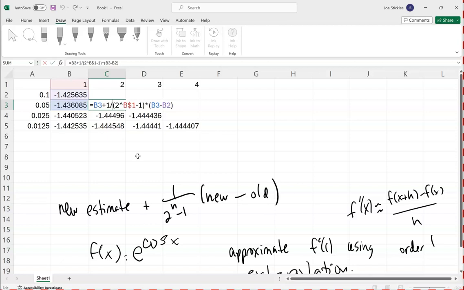So we've probably got another extra parenthesis somewhere. Oh, there's an extra parenthesis in here.